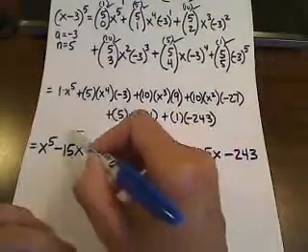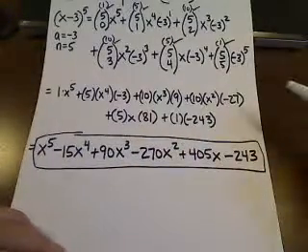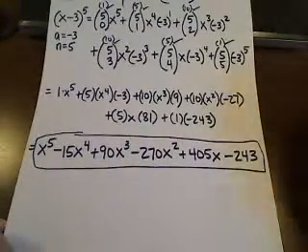Okay, and that's it. That is (x − 3)^5 expanded using the binomial theorem and Pascal's triangle.